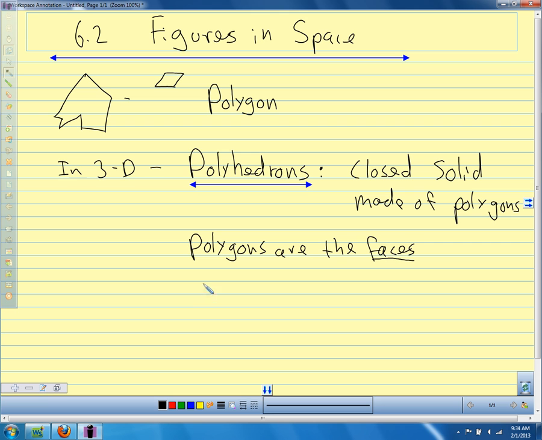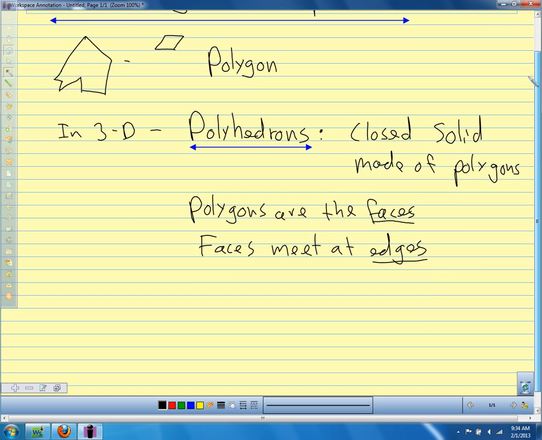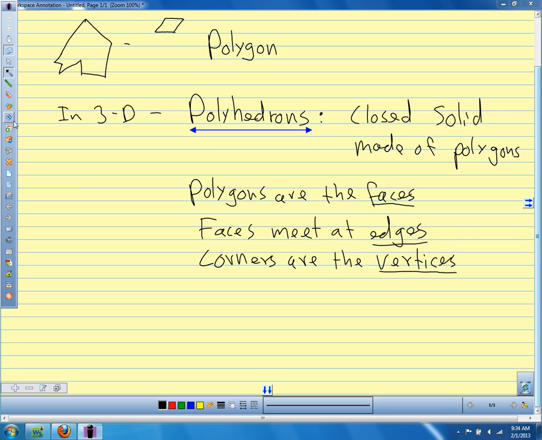The faces meet at edges. And we call the corners the vertices. So let's draw a really simple polyhedron.